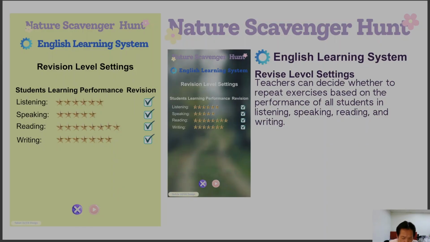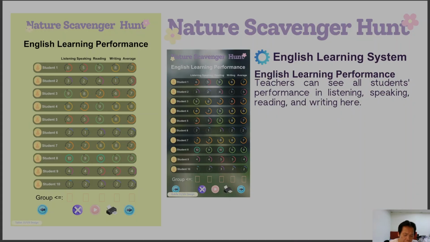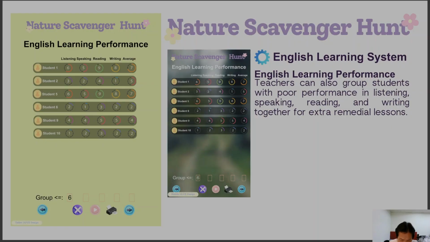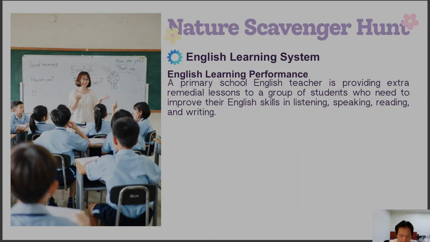Decide whether to revise exercises based on the performance of all students through revision level settings. View student performance, and identify students with poor performance in listening, speaking, reading, and writing for extra remedial lessons, through English learning performance.